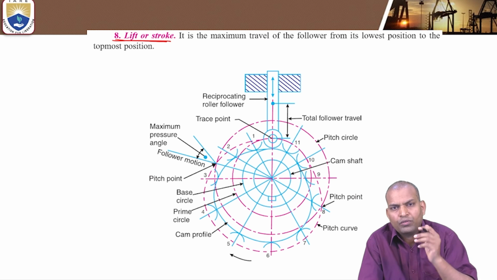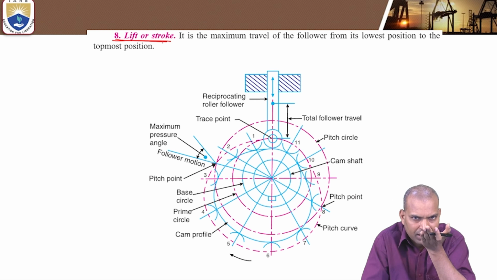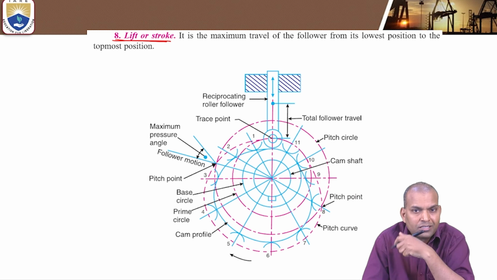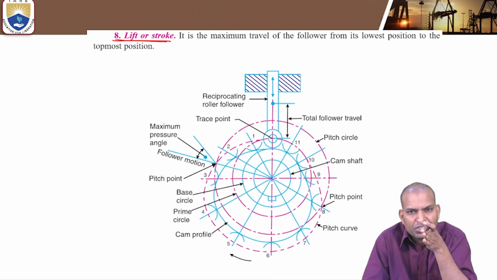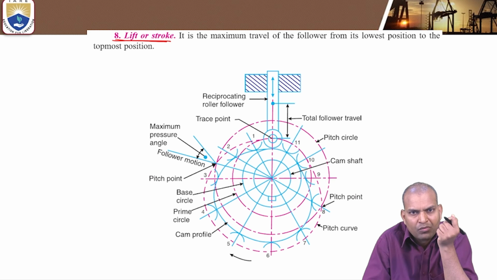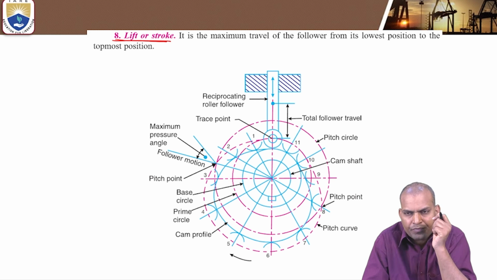The follower moves the maximum distance, and also comes back the same distance in return. The maximum distance traveling up, rising up, that happens there. In the problems they may mention that during that time the valves may be opening and on returning the valves may be closed. This all will be taking place.